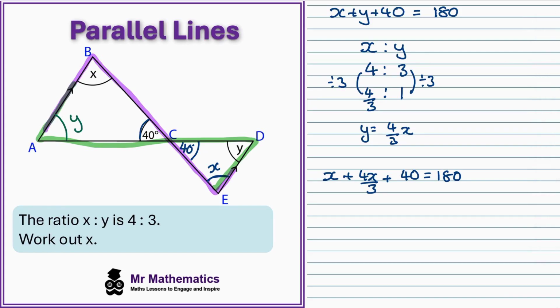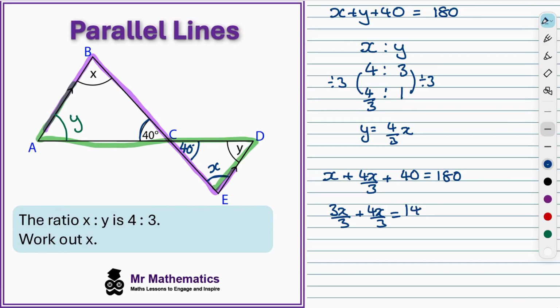We can move this 40 over to the other side, and we can write this x as 3x over 3. So I'm just writing it with a common denominator. And this will be 180 take away the 40. We can add up our numerators, so 7x over 3 will equal 140.